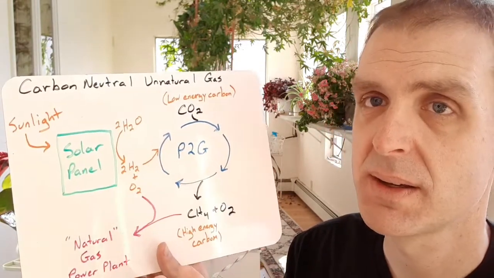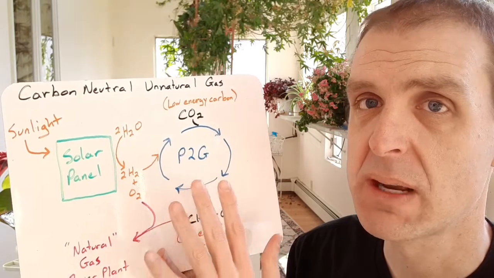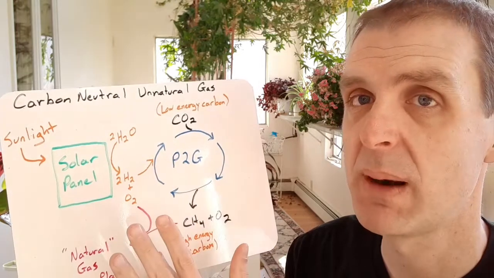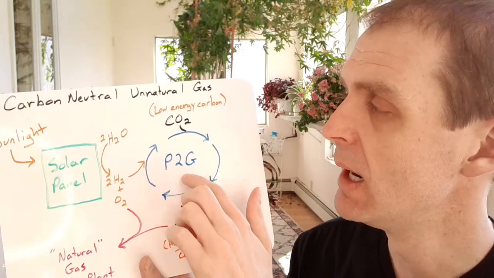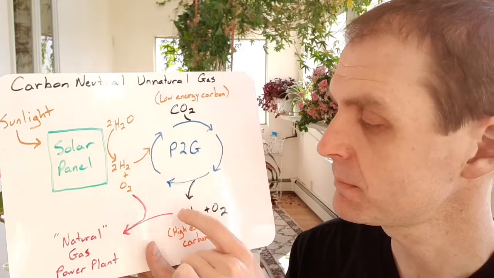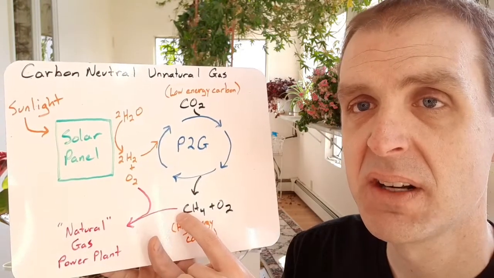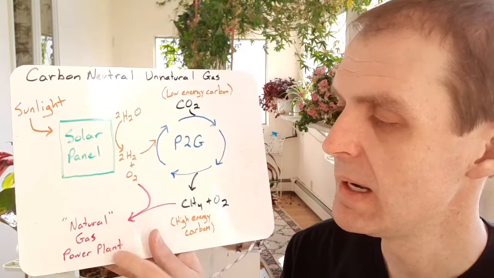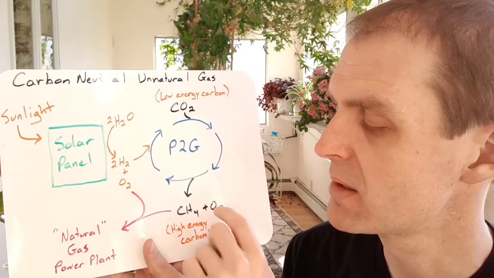So this is a way of, rather than using batteries, which would require a lot of mining and probably environmental damage from all the mining, taking CO2 right out of the air, holding some energy in it in the form of the methane version of the molecule of that carbon, and then burning it up later with the oxygen.